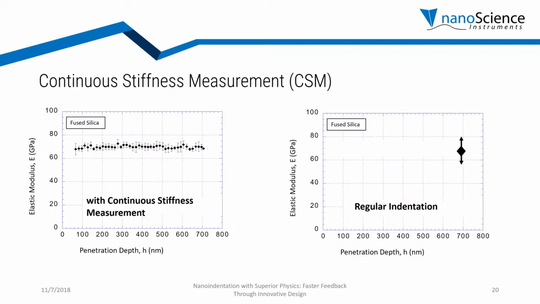This is a really important point when you're trying to measure properties on heterogeneous materials or different kinds of alloys or thin films you are making. So if nothing else from the technique part, all I want you to remember is that with the continuous stiffness measurement, you get much more data, and it's much more valuable when you're doing these nanoindentation experiments.